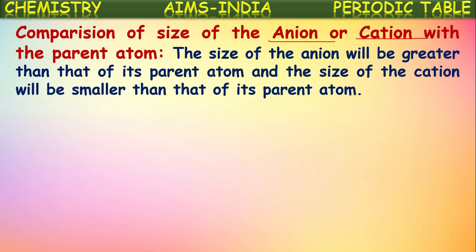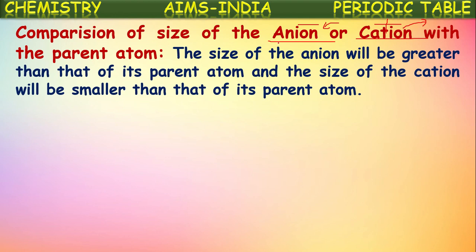Then what about cation? In the reverse way, the ion formed by the atoms by the loss of one or more electrons is called a cation, that is, a positive ion. So anions are negative ions, cations are positive ions. These are formed by the gain of electrons and these are formed by the loss of electrons.